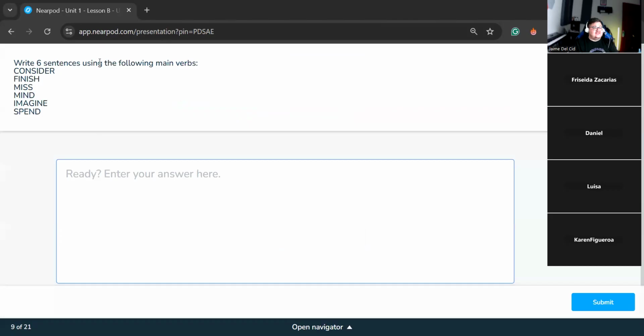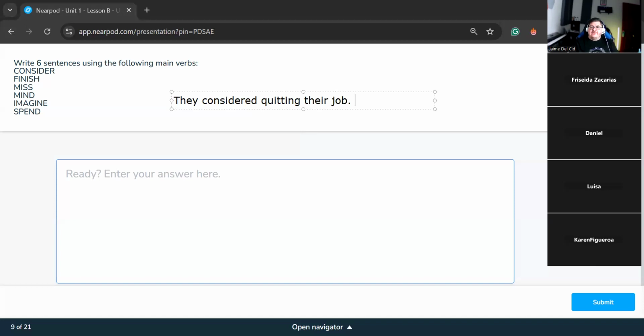So, write 6 sentences using the following main verbs. Les voy a dejar un ejemplo aquí en el chat. No en el chat, aquí en la pantalla. Ok.